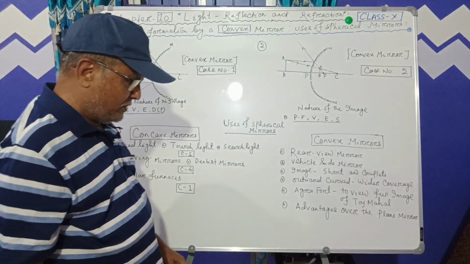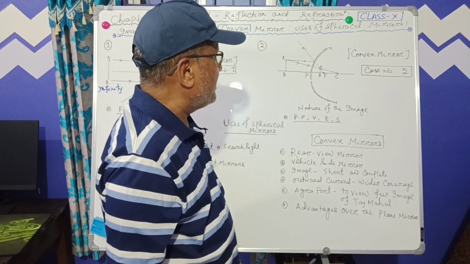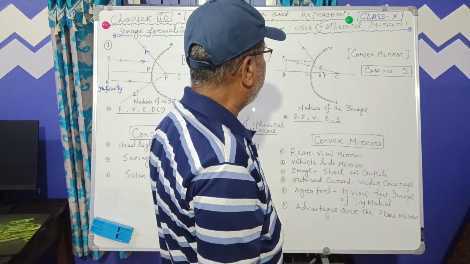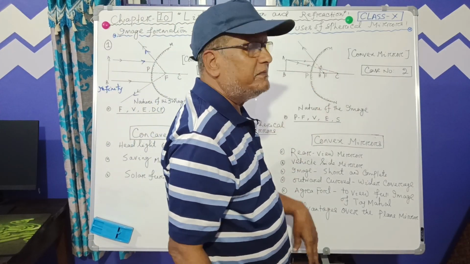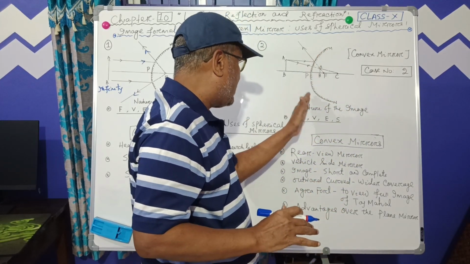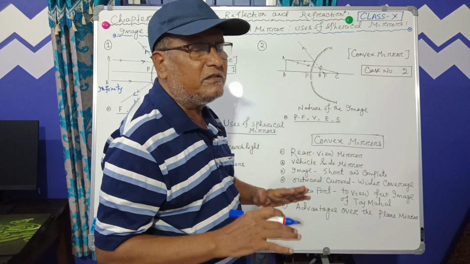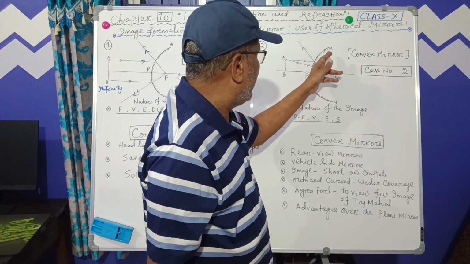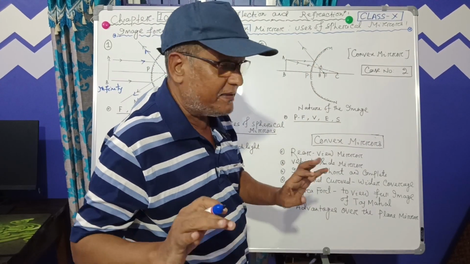So let's come to case number 2. So here MN is a convex mirror. The outward curved surface acts as the reflecting surface and the inward surface is opaque.